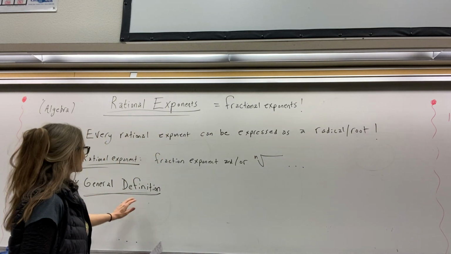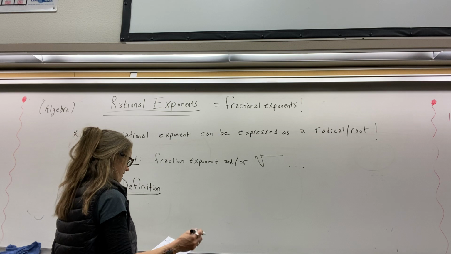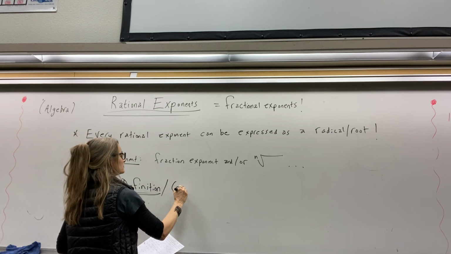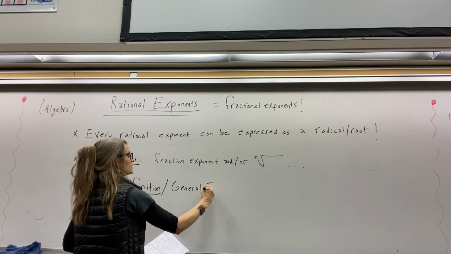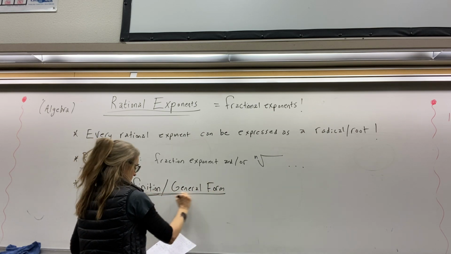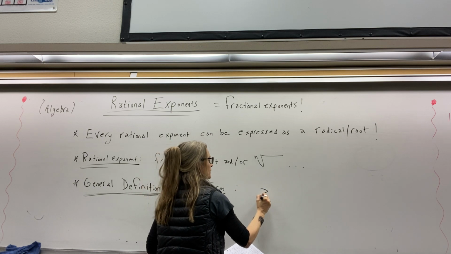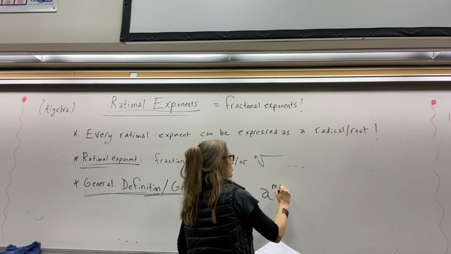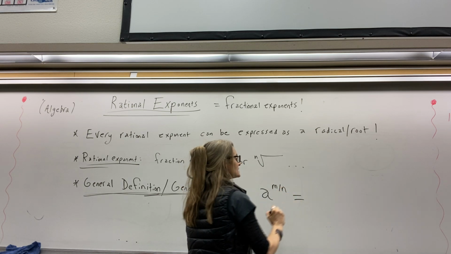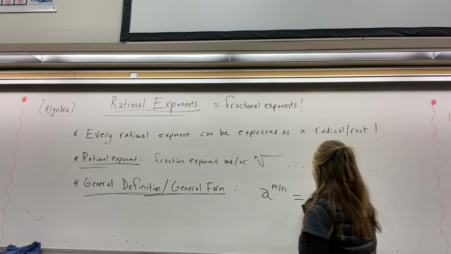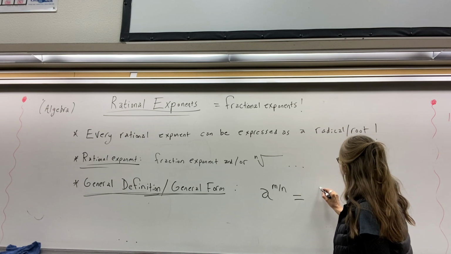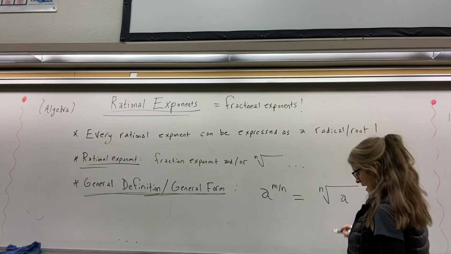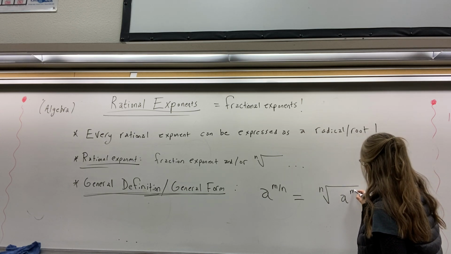So the general definition behind rational exponents and the general form is this. If we have some real number a to the m over n power, this is the same thing as saying the nth root of a, put to the mth power.